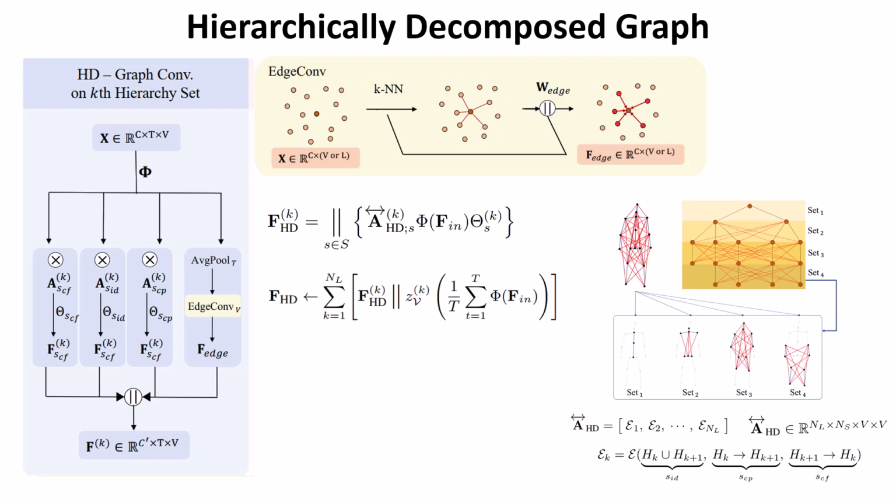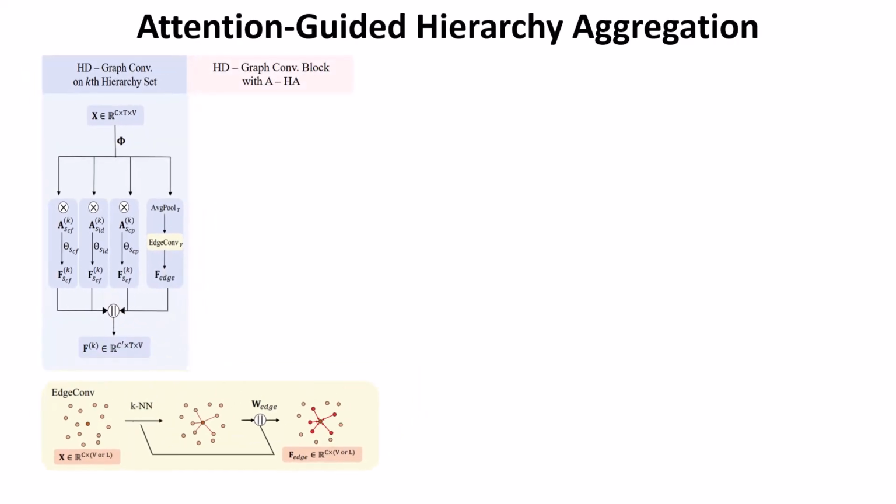Because in different kinds of actions that we perform, we are utilizing different areas of the body. And based on that, some edge sets might be more important than the others. But how can we make a model define some weights based on the input sequence? They defined this attention-guided hierarchy aggregation.